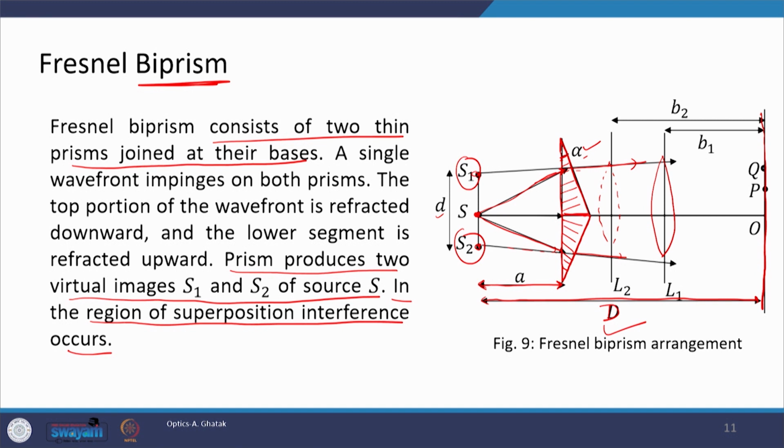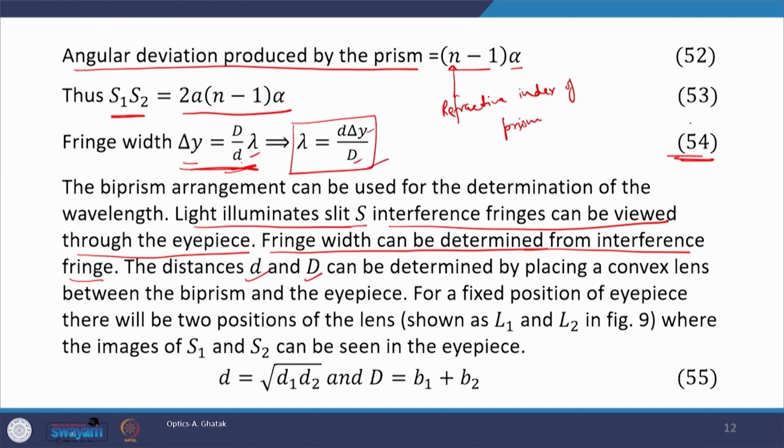Now, we will note down the positions of the lens. Suppose these positions are L1 and L2, and L1 is at a distance B1 from the observation plane, and L2 is at a distance B2 from the observation plane. Then from there we can calculate D. The capital D would be equal to B1 plus B2, which is the distance between the source plane and the image plane or the screen plane.